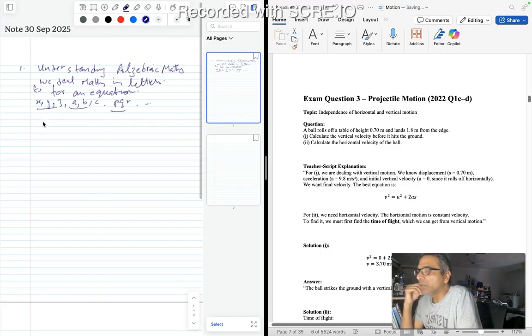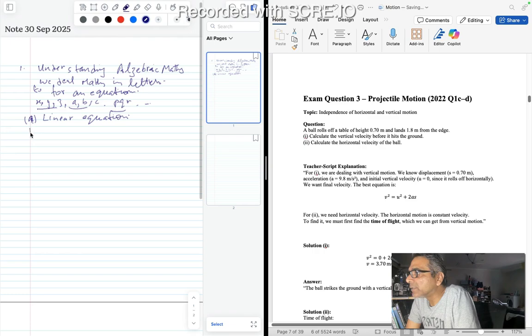So there are a couple of types of equations. One is the linear equation, and the second type is the quadratic equation. So what are linear equations?